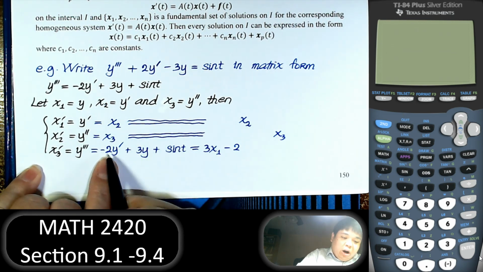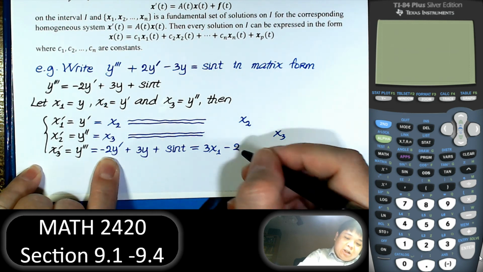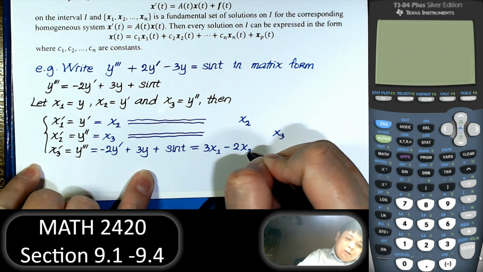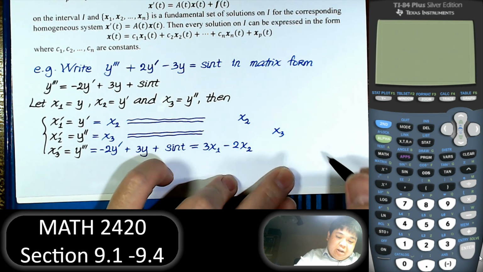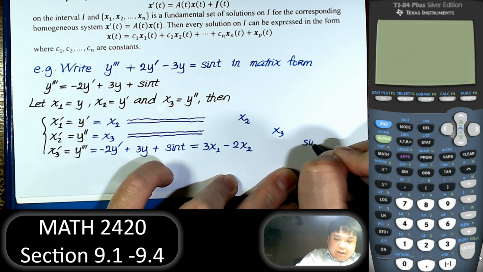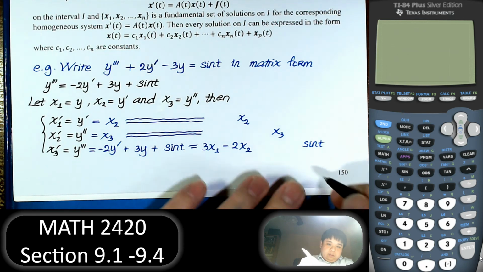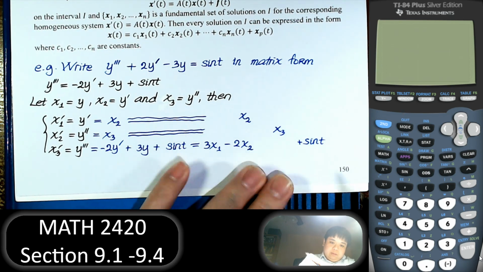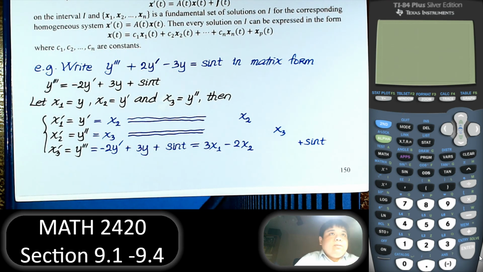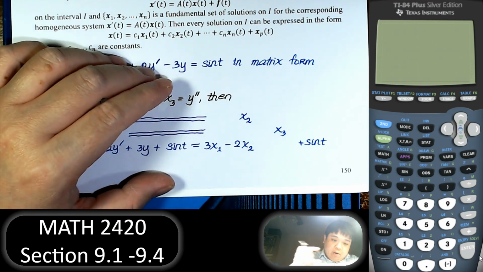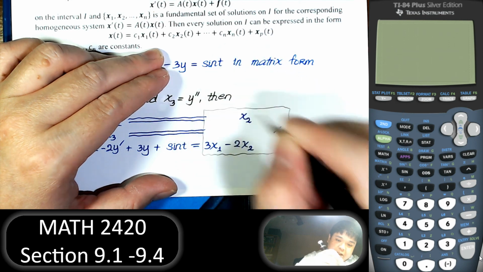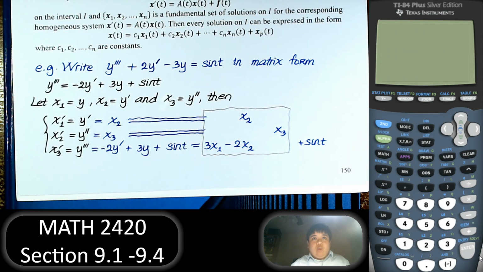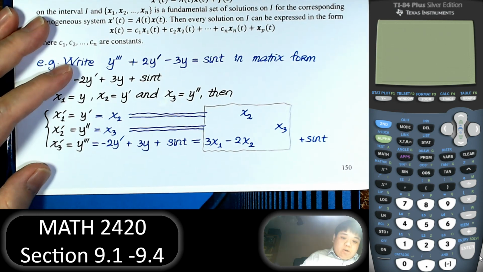Minus 2y prime, where y prime is x2, gives minus 2x2. There's no x3, but there's sine t. So we put that in matrix form, and we have this. We get the matrix, and the sine t, which doesn't have x1, x2, x3, will be in the second matrix. So put them all together.